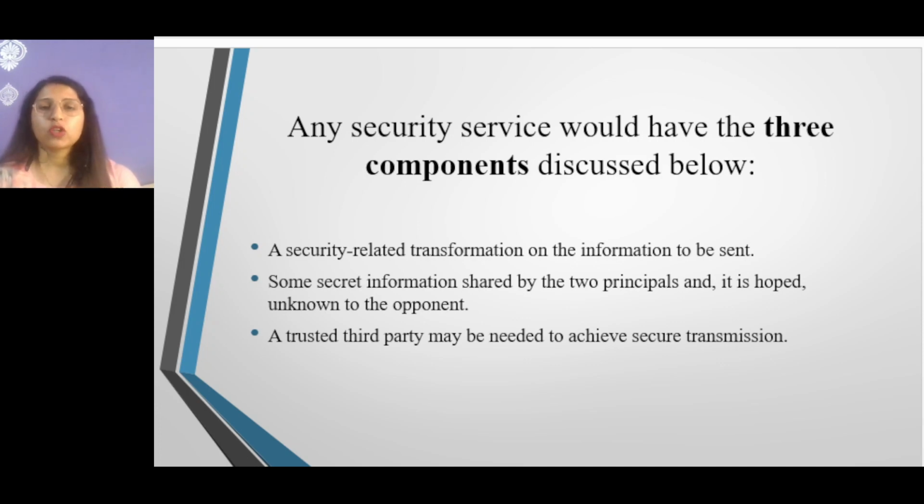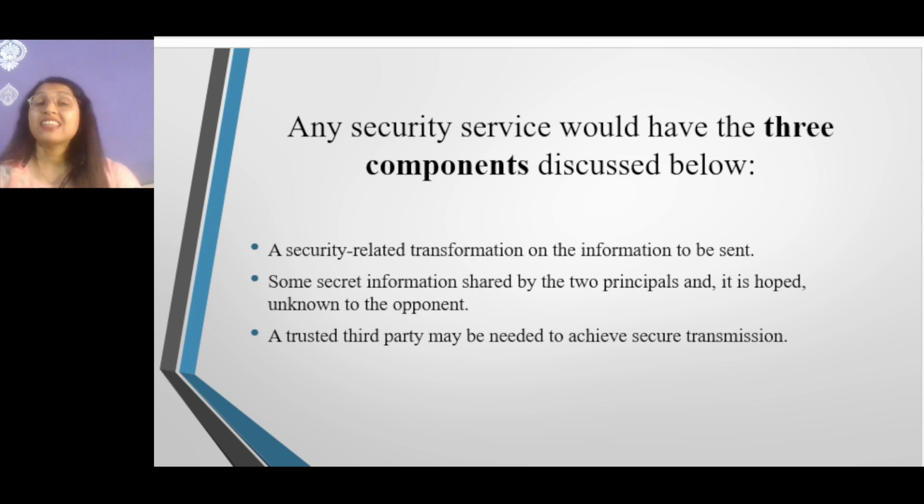So whatever security service you choose for your way of communication, it will have the security related transformation. It will have some kind of secret information that is shared between the two parties involved in the communication, and the trusted third party may be needed to achieve the secure transmission.